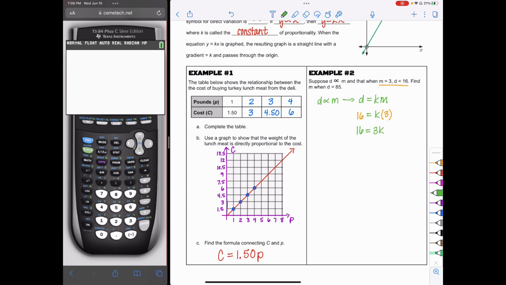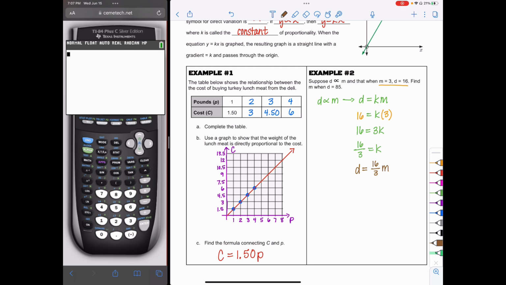And I would divide both sides by 3, which means that K is equal to 16 over 3. So that is my constant of proportionality. So now from here, I know that my equation will end up being in the form of D is equal to 16 thirds times M.